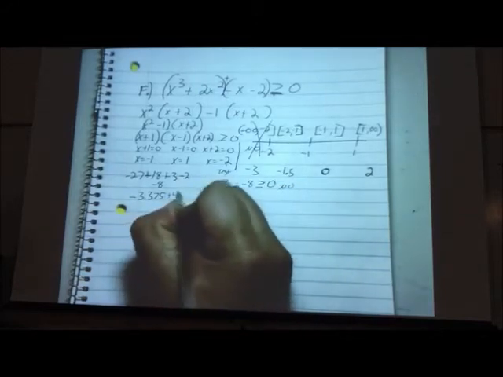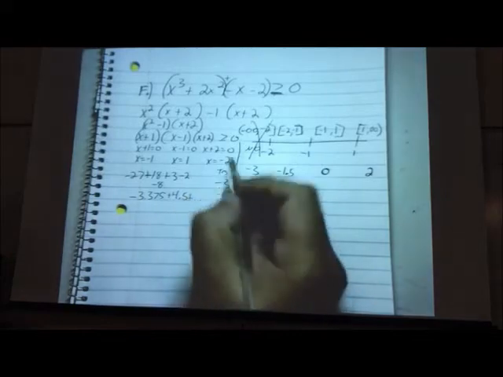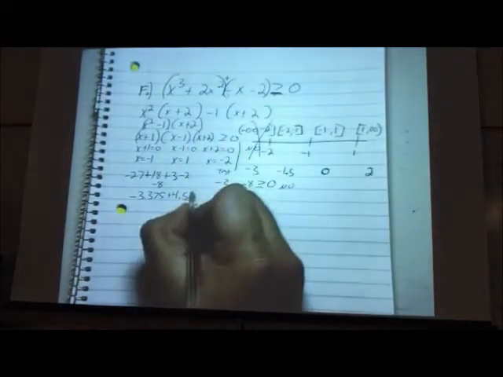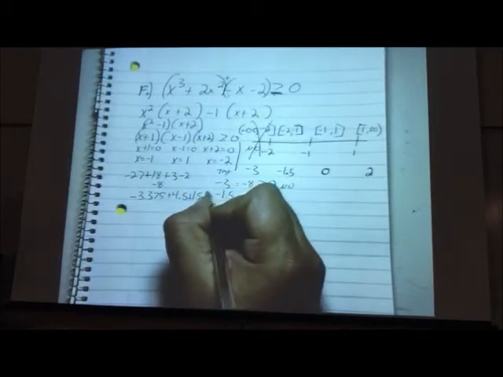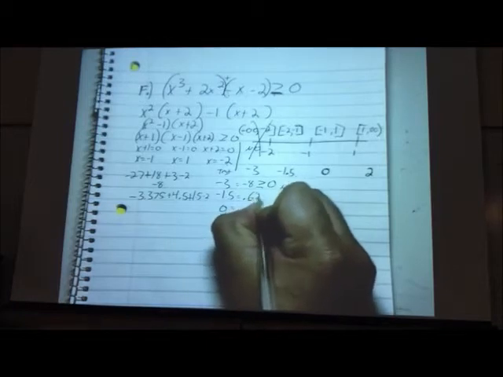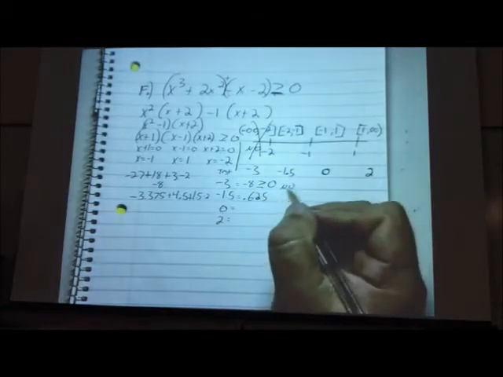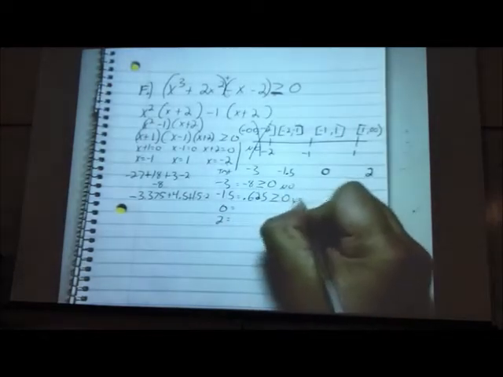Gives us a positive 4.5. Plus, because there's a negative right here, 1.5 minus 2 gives us the answer of 0.625. That is positive. Is that greater than or equal to 0? Yes.